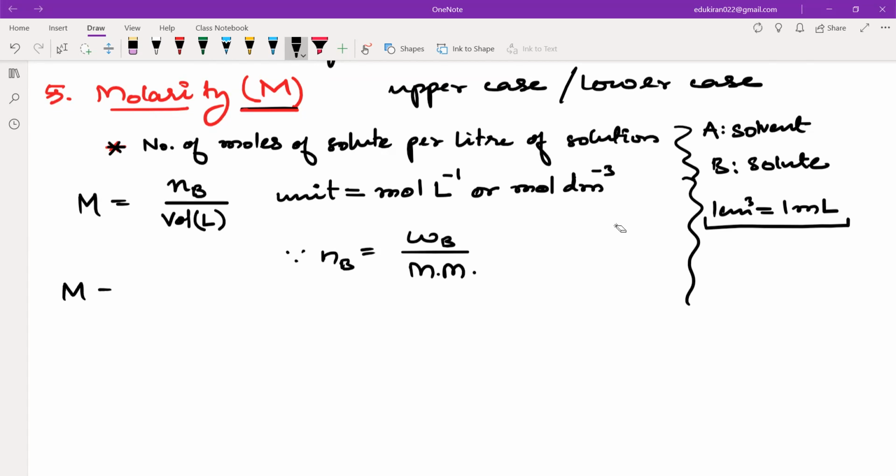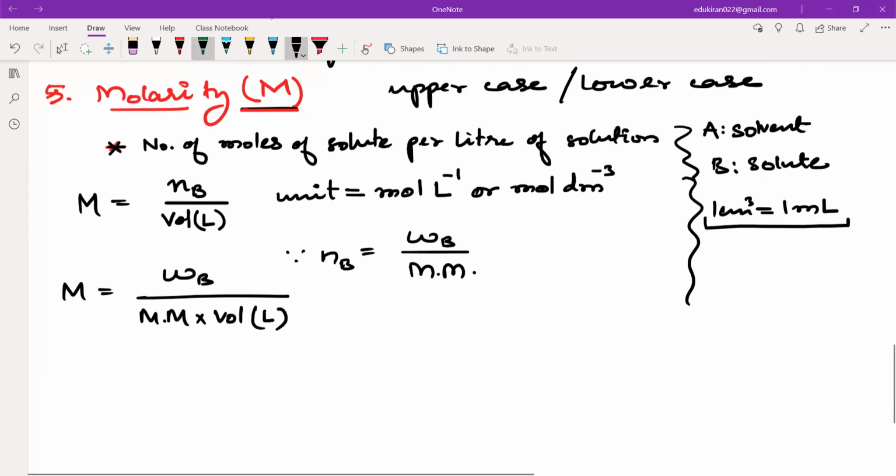So we can also write M is equal to the given mass divided by the molar mass into volume in liters. There are a few things that you have to remember: this W_B will be in grams, molar mass will be in grams per mole, and volume of the solution will be in liters. Okay, that is it. You do not have to remember anything else.